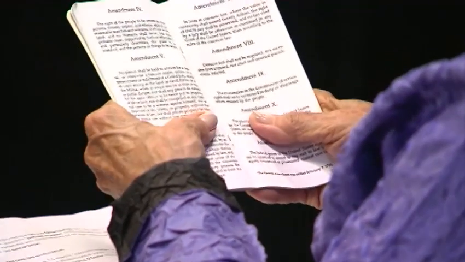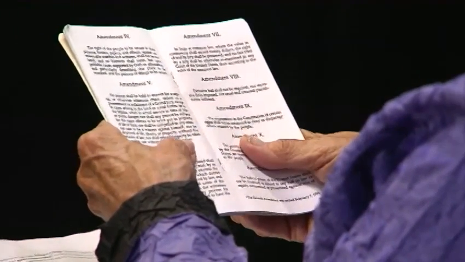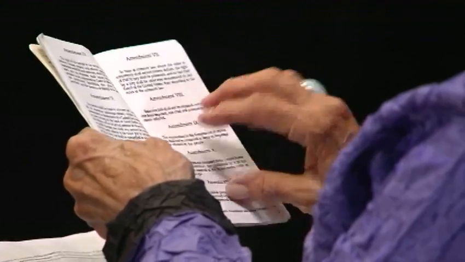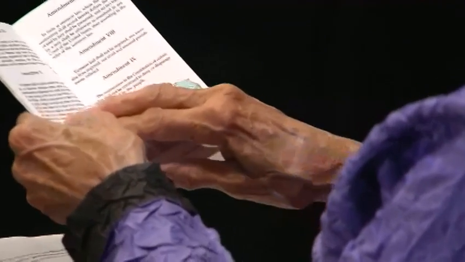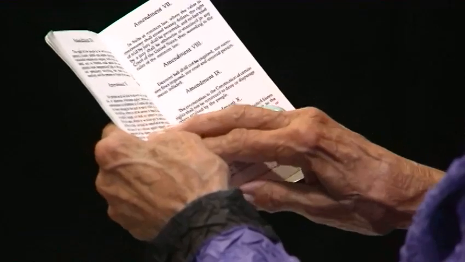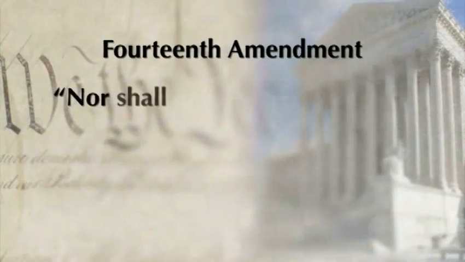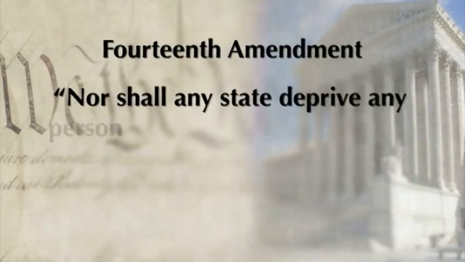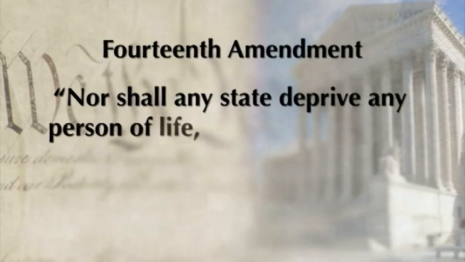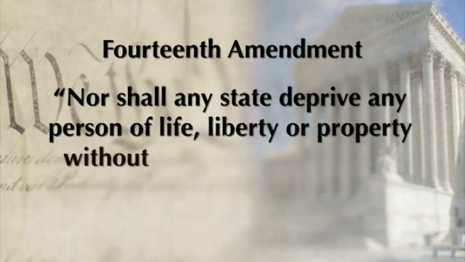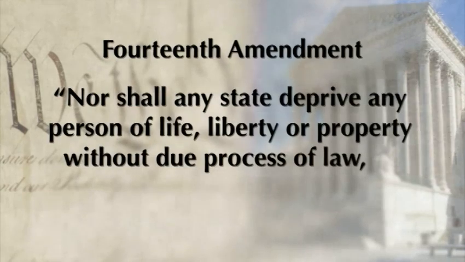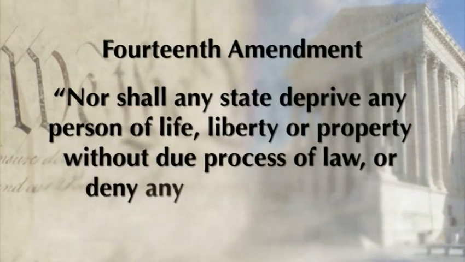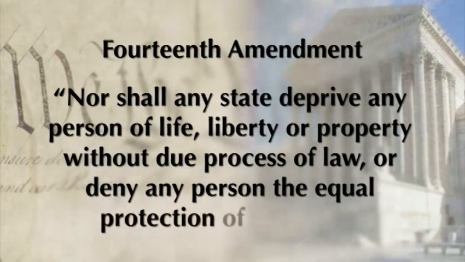Well, of course, the language in the Bill of Rights is pretty general. What does it say? No state shall make or enforce any law which shall abridge the privileges or immunities of citizens of the United States, nor shall any state deprive any person of life, liberty, or property without due process of law, or deny any person the equal protection of the laws.